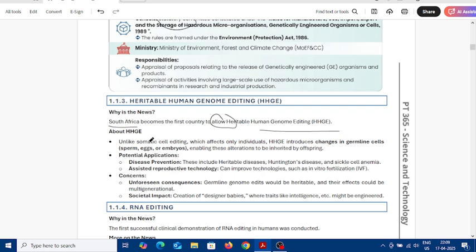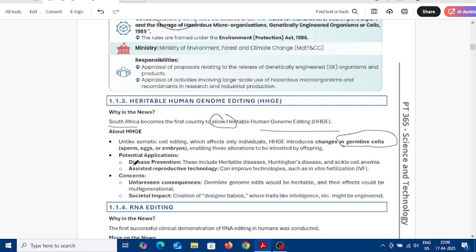It will not pass to his progenies. But in heritable human genome editing, as the name suggests, changes are in the germline cells, I mean the cells which are responsible for inheritance, there the changes will happen. That is sperm, egg or embryos, enabling the inheritance of the trait by the offspring.